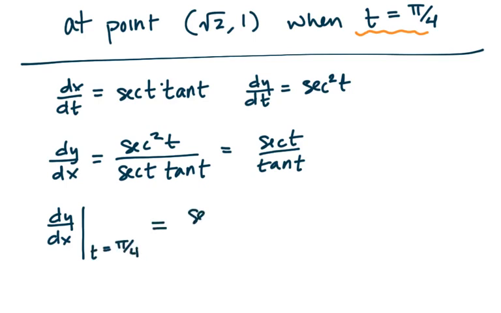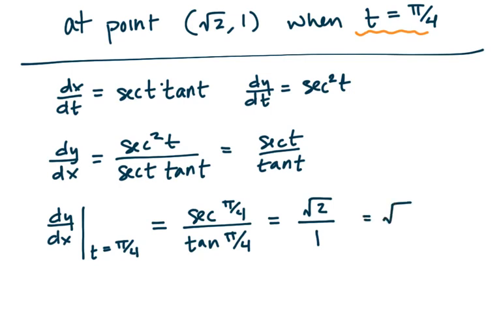And what that would equal would be secant of pi over 4 over tangent of pi over 4. Secant is reciprocal to cosine. Cosine is root 2 over 2. So 1 over root 2 over 2 gives us root 2 for secant of pi over 4. And tangent at pi over 4, 45 degrees, is 1. So my derivative, root 2, represents the slope of my tangent line at t equals pi over 4.